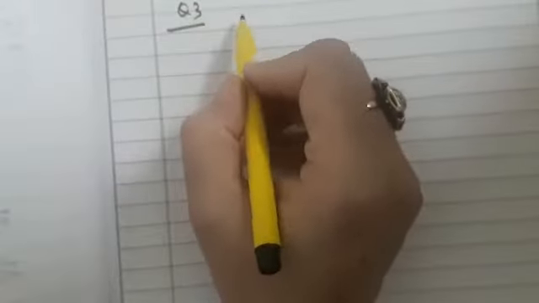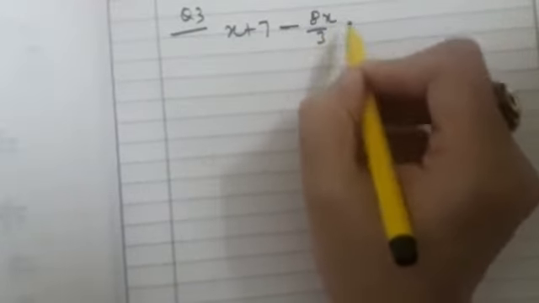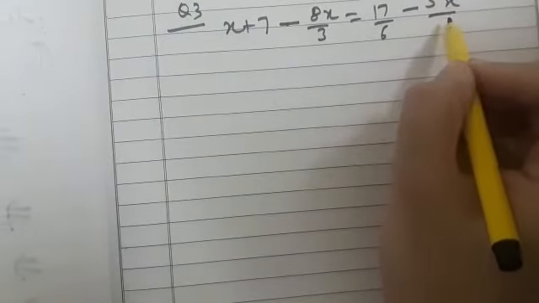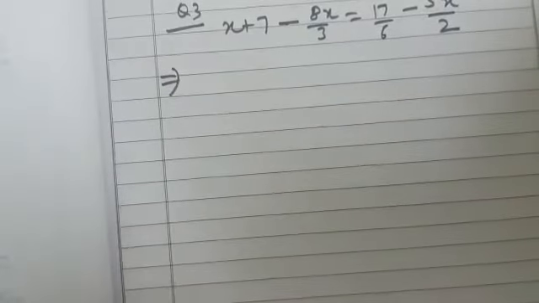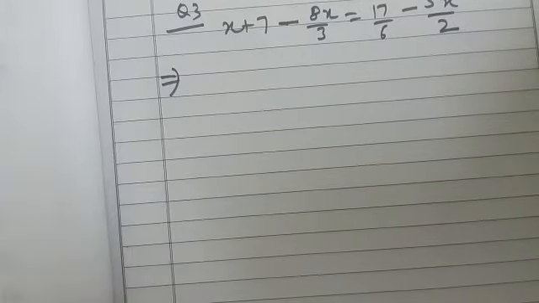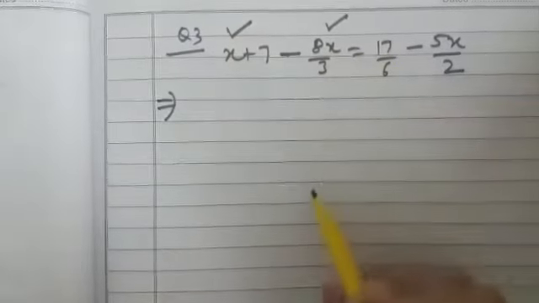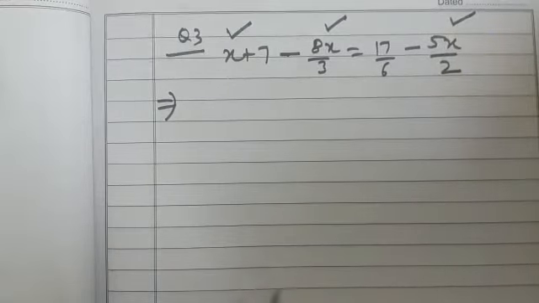Question 3 is, we have to solve x plus 7 minus 8x upon 3 equal to 17 upon 6 minus 5x upon 2. Tell me, how will you do? Which are the terms with the variable? Yes, x here, minus 8x/3, and on the right hand side minus 5x/2.